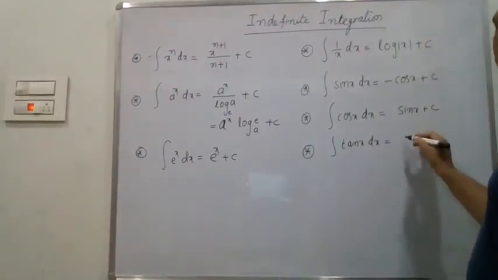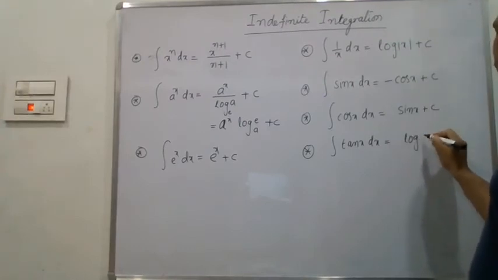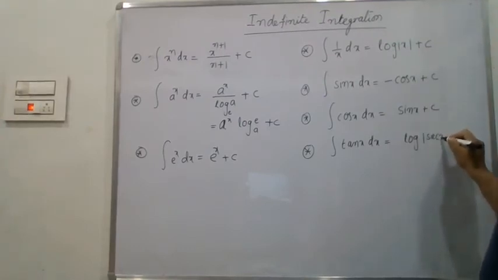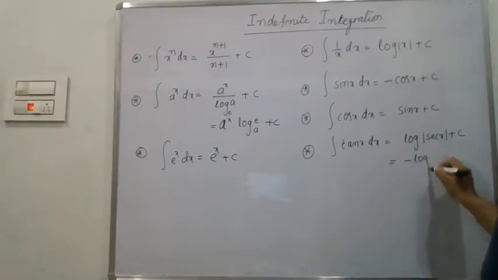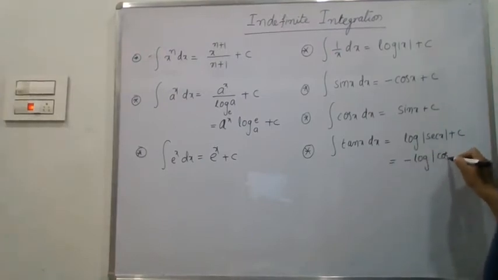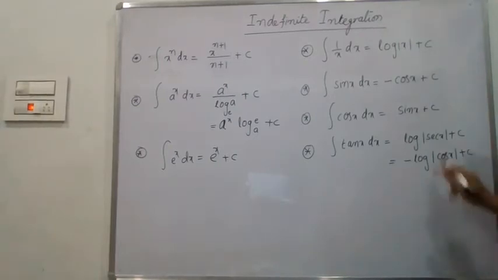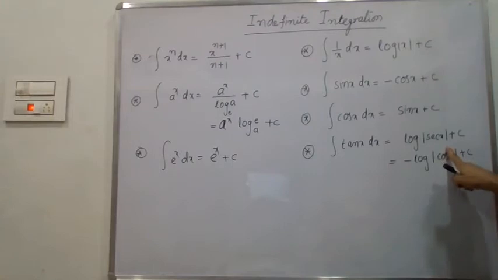This is log of mod secant x plus c, or we can write it as minus log of cos x plus c. Both are actually correct only. Means if you bring this minus inside the logarithm, it will come as the power of cos x minus 1. So 1 by cos x is nothing but secant x.